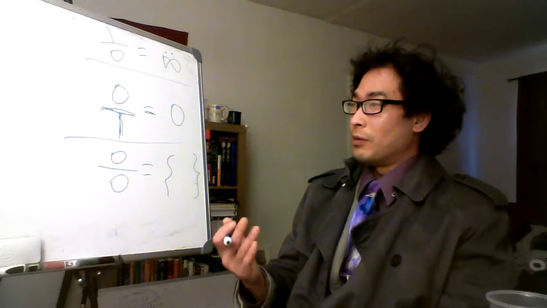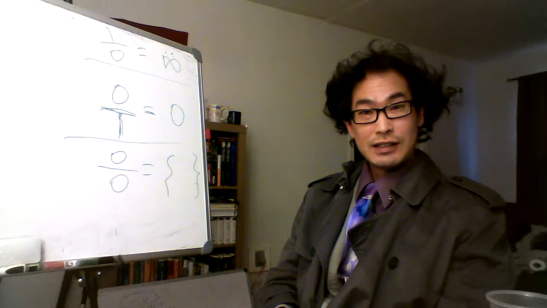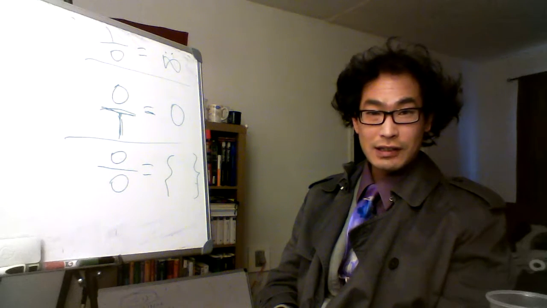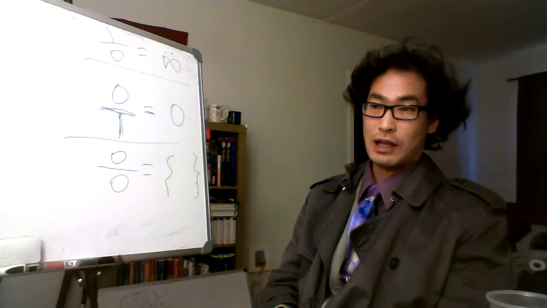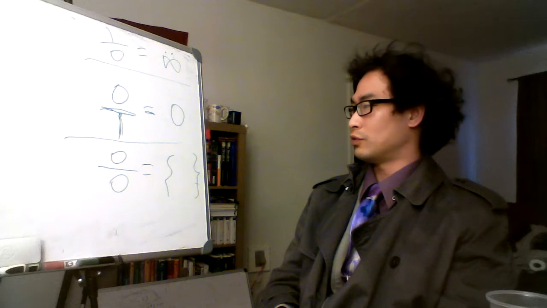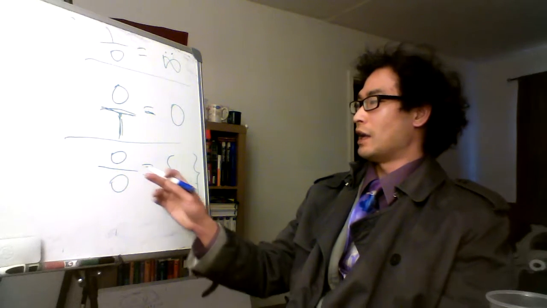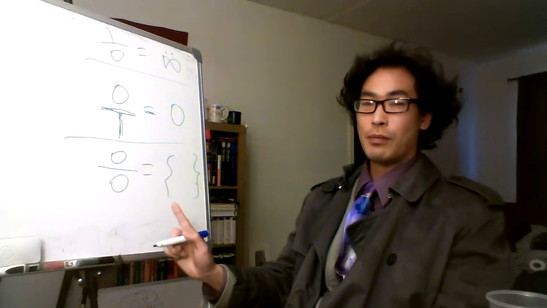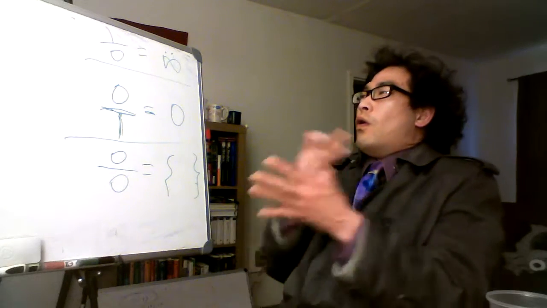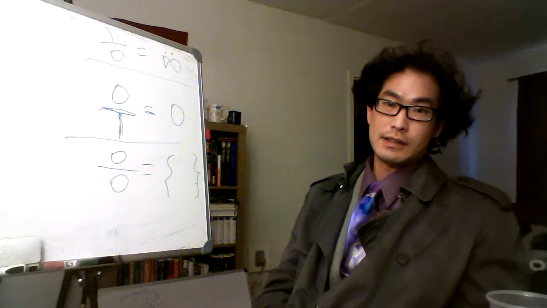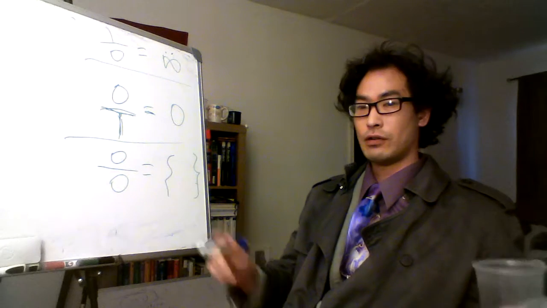You have variable numbers like infinities and infinitesimalities, and you have constant numbers like 1, 2, 3, square root of 2, whatever. Okay. 0 over 0 is not a single number, but it's a set of all numbers in the universe. That's what 0 over 0 is.